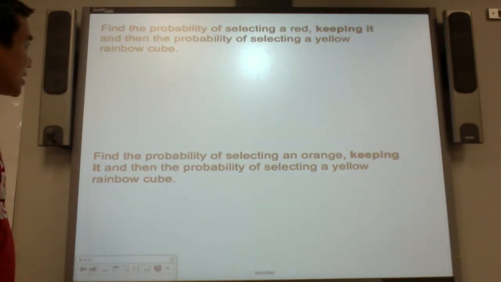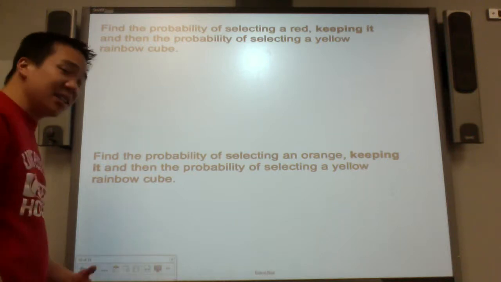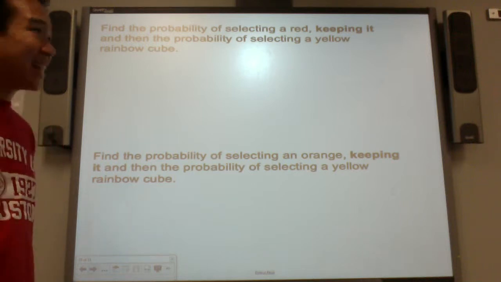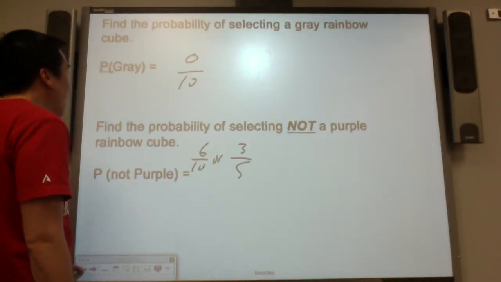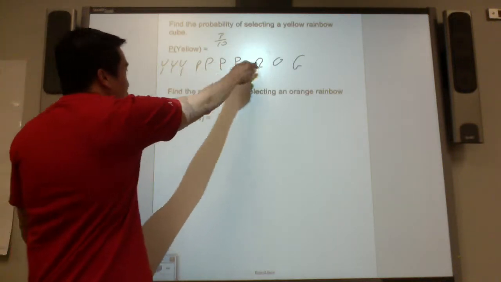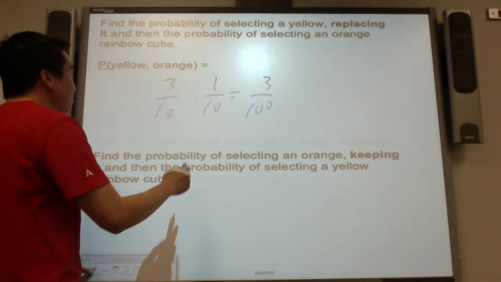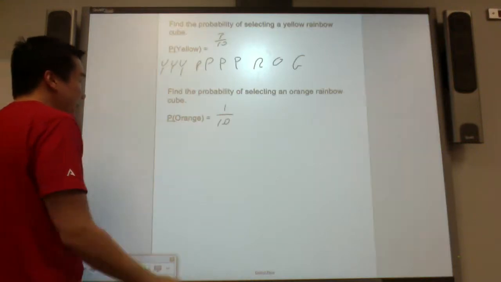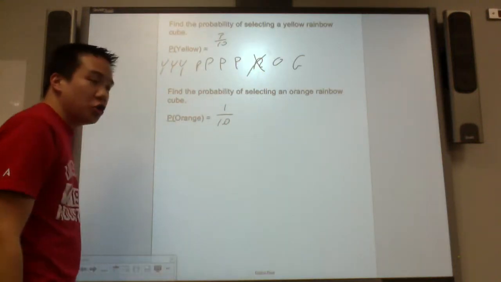Find the probability of selecting a red, keeping it, then the probability of selecting a yellow. That is getting even harder now. Keeping it, or that is without replacement. So let's go back. Red. There's 1 red out of 10. But I have to keep it. So by keeping it, no more.